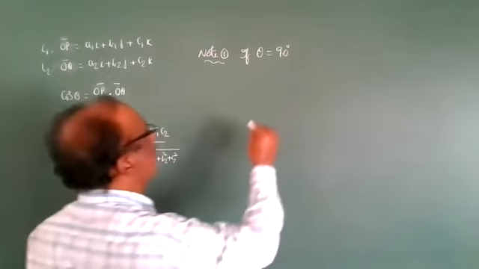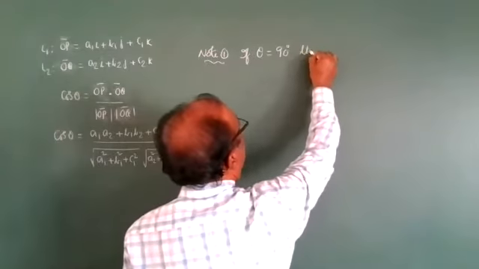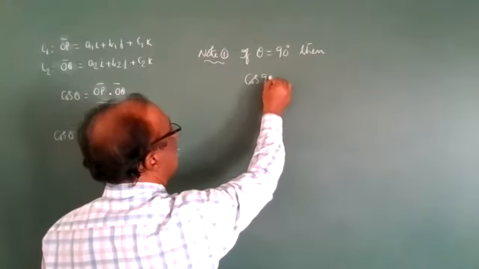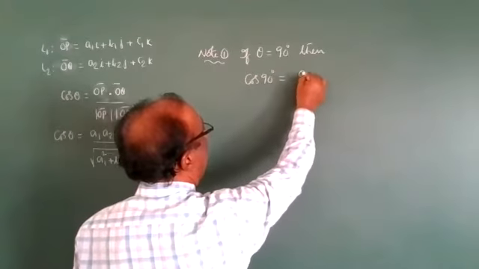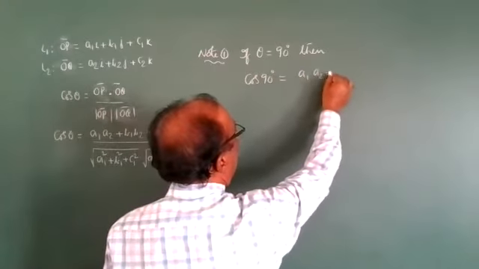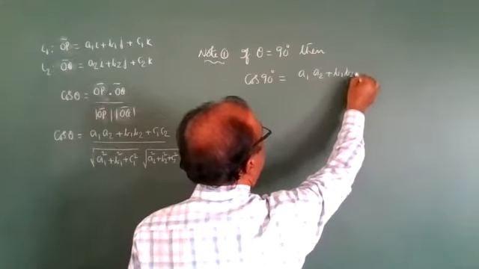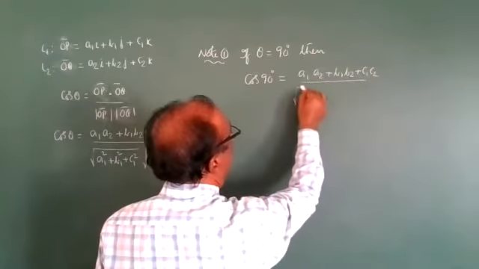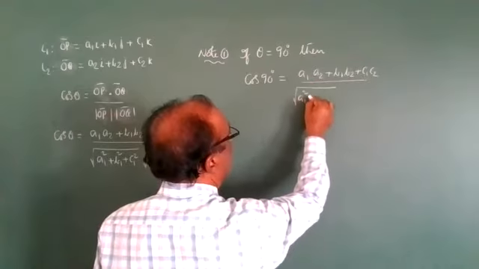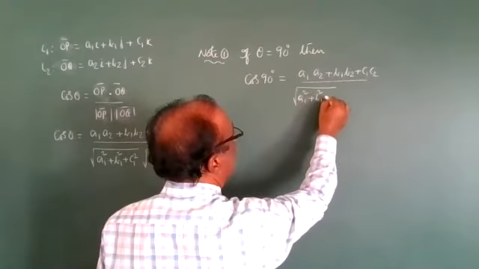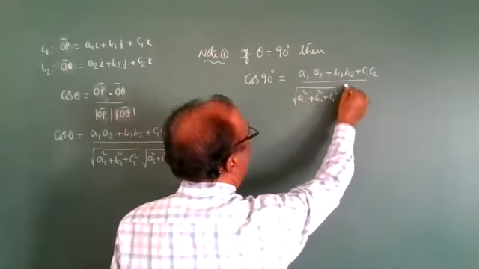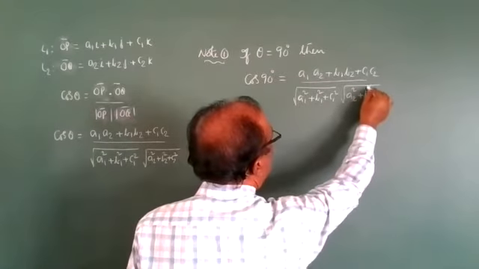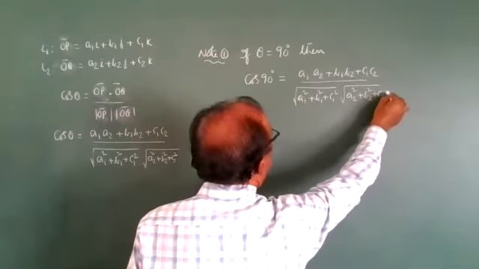If theta is equal to 90, then you can see cos of 90 degrees is equal to a1 a2 plus b1 b2 plus c1 c2 divided by the denominator, root over the i component square, j component square, k component square, times root over the i component square, j component square and k component square.